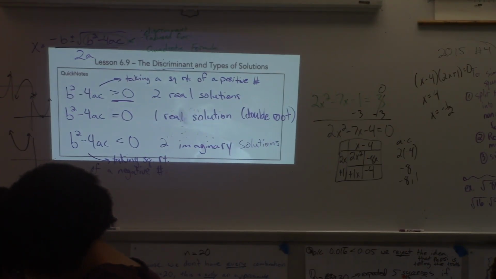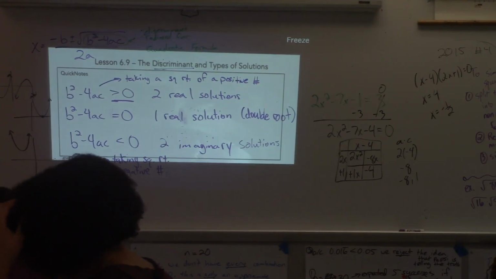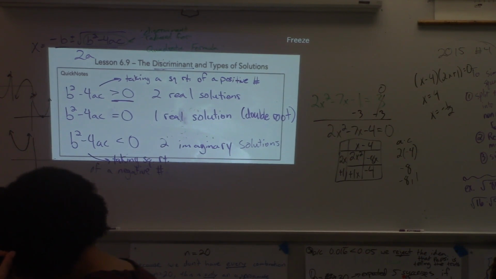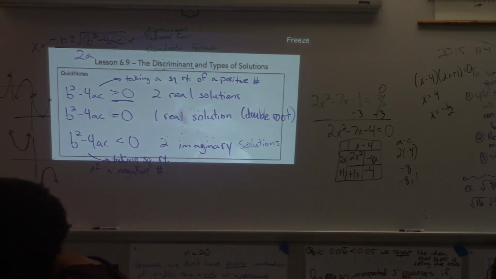Oh, you're right, but I'll remind you at the end of class. No, I'll look at it right now. You said it was the last section of Delta Math? Yeah, the very last one. I don't know.